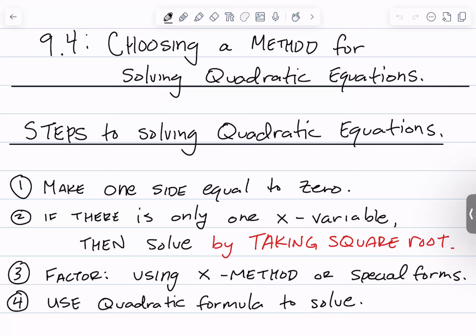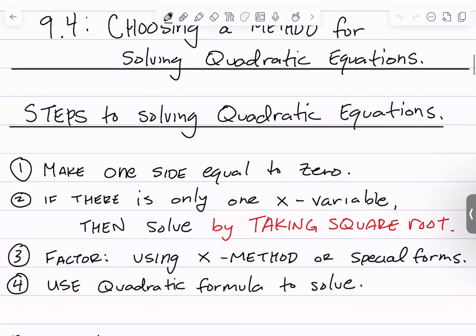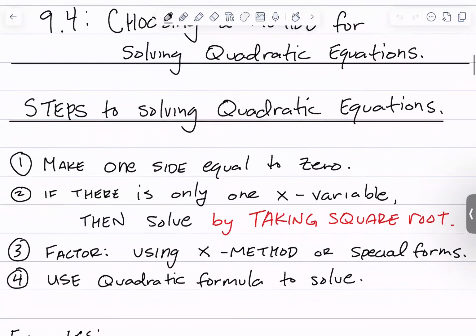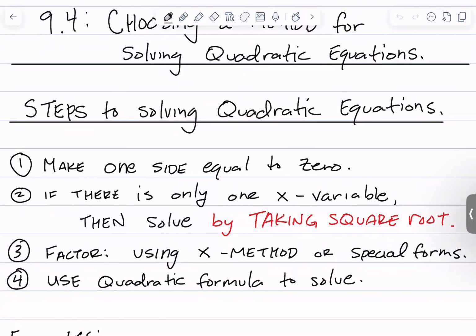It depends on what the equation is. So the steps in general, we're going to make one side equal to 0. And if there's only one x variable, then we're going to solve it by taking the square root.